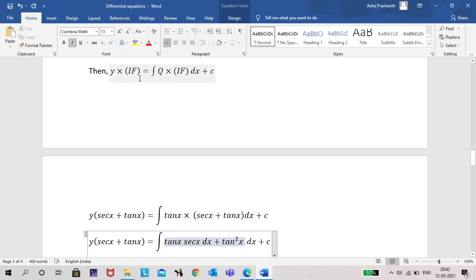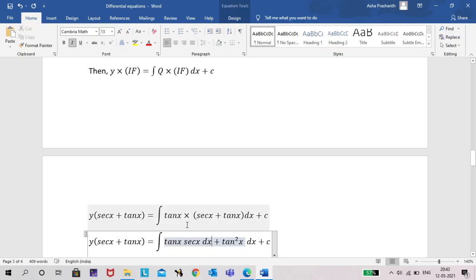y into integral factor is equal to integration of q into integral factor dx plus c. Just I'm substituting the integral factor and q value here. So y into secant x plus tan x is equal to integration of q, which is tan x, into secant x plus tan x, plus c. Just I'm substituting the value.